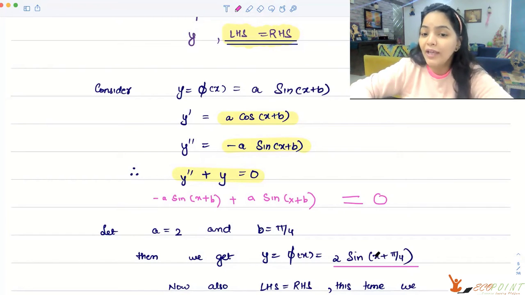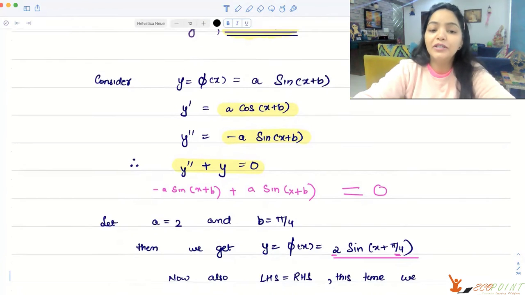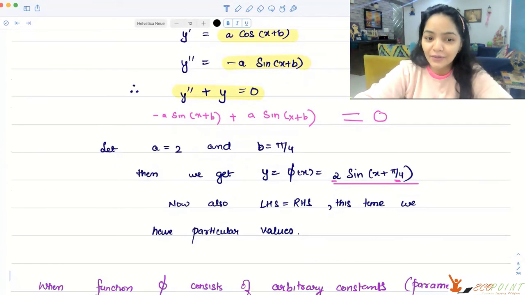But now I have particular values for a and b, the constants that I had before. So hence this is a particular solution. This time also your left-hand side is equal to right-hand side, which essentially means that it is a solution indeed, okay?